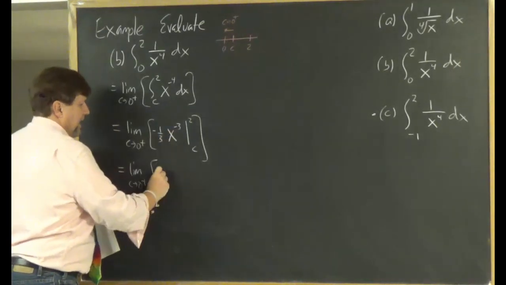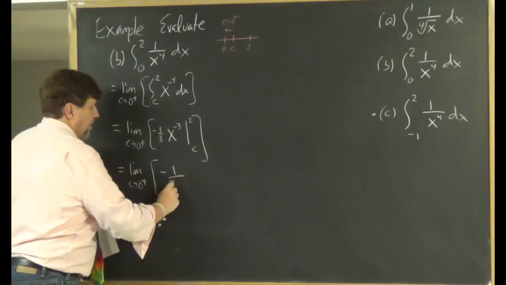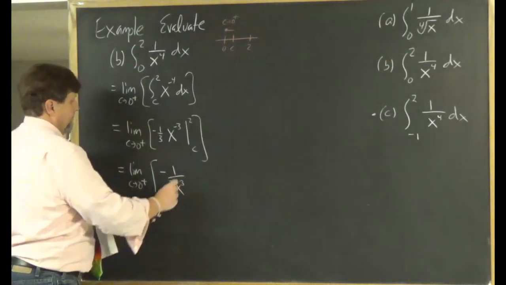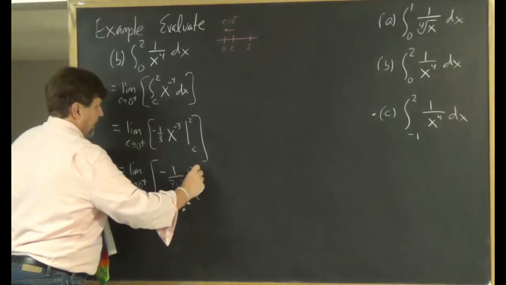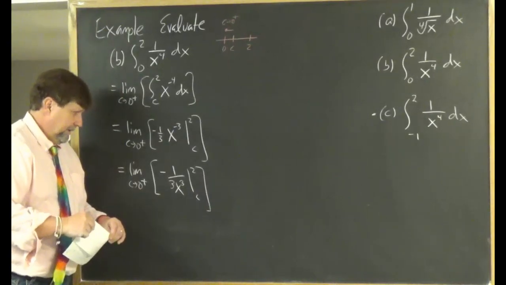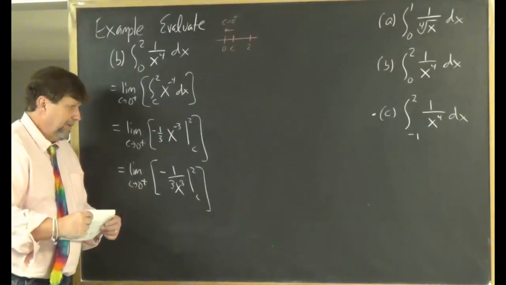Make that exponent positive again, so I get 1 over 3x cubed. Evaluate that from c to 2. All right, so fundamental theorem of calculus.